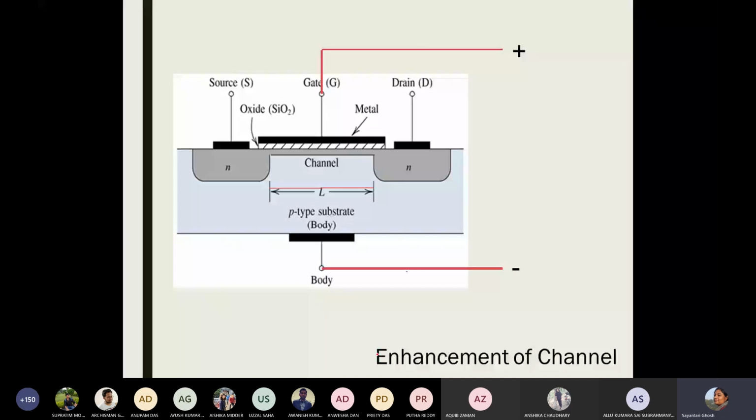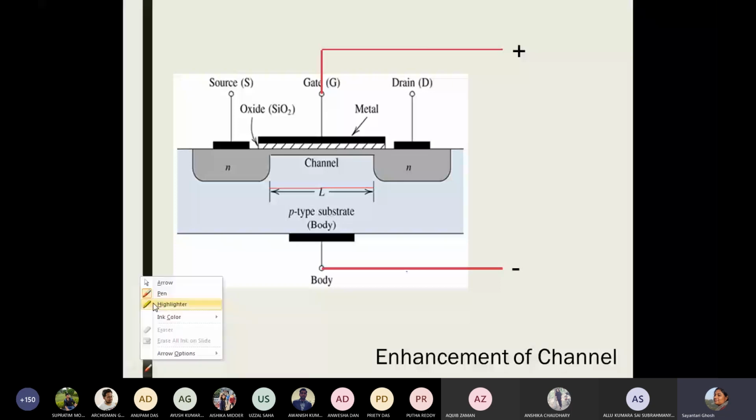From here you can understand that to begin with, there was no channel, and a little bit of voltage is used to cause the inversion phenomenon. So the first few small voltages that we apply between gate and body will be used to create the channel in the first place.